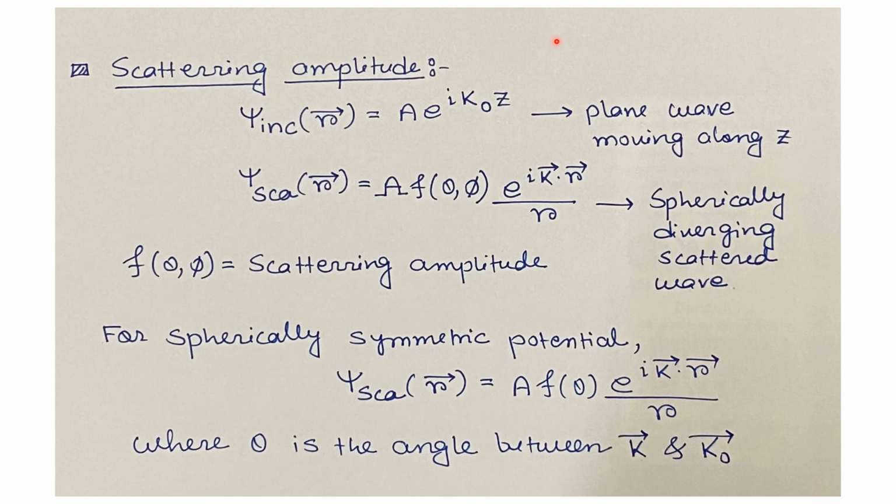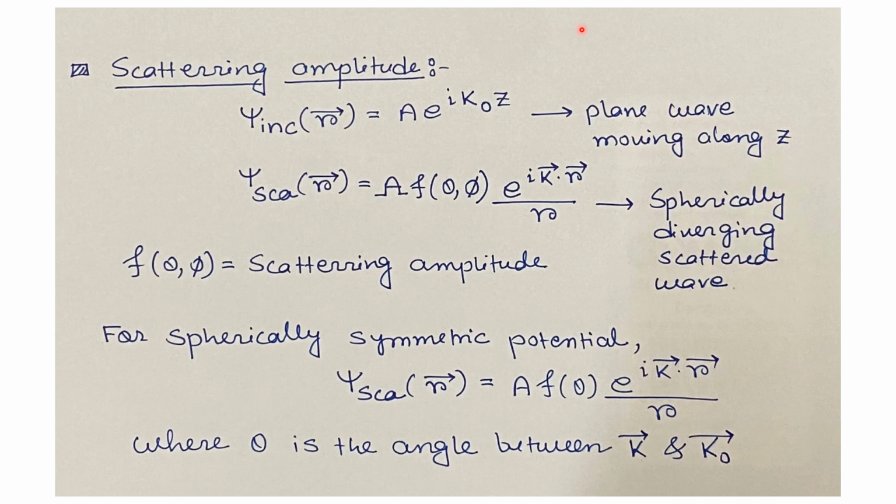The parallel beam of incident particles can be represented by the free particle equation, that is the plane wave equation, given by psi incident as a function of r vector equals A times e to the power i k naught dot r vector. Here k naught is the wave vector for the free particle wave.